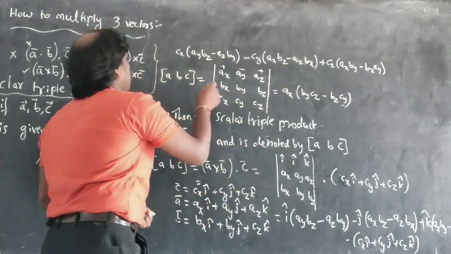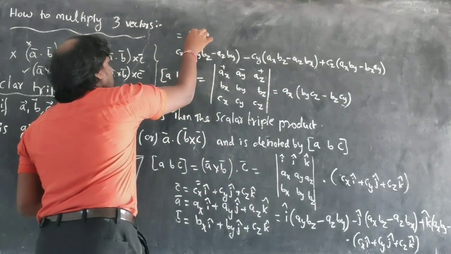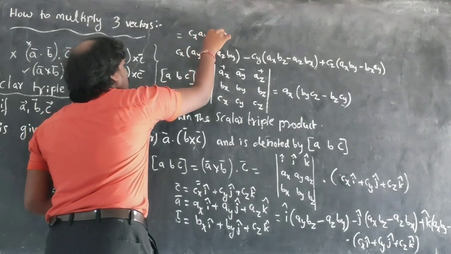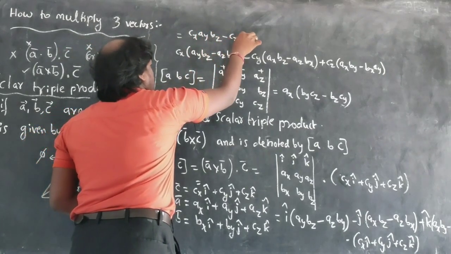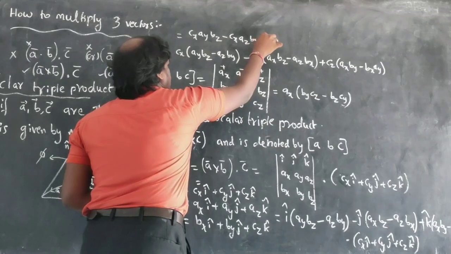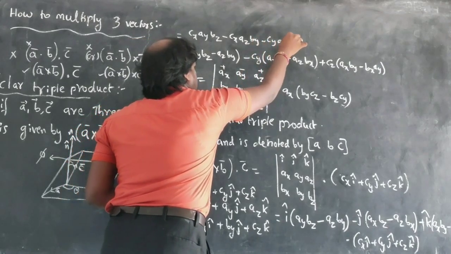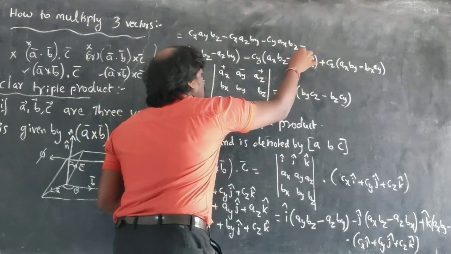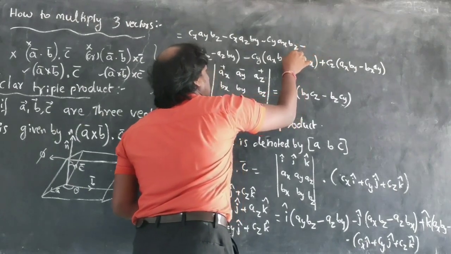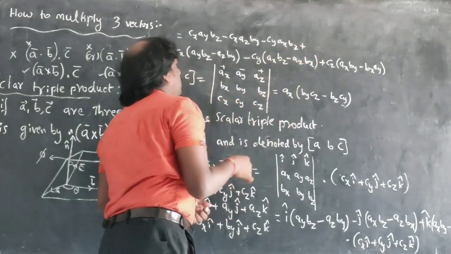What I want to say here, if I multiply this one, CX AYBZ minus CX AZBY minus CY AXBZ minus CY, minus into minus, it is a plus. Okay. It's a plus.